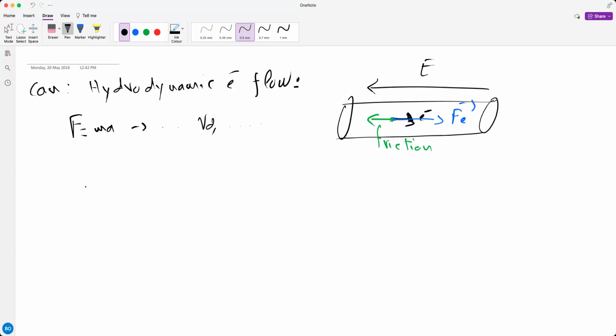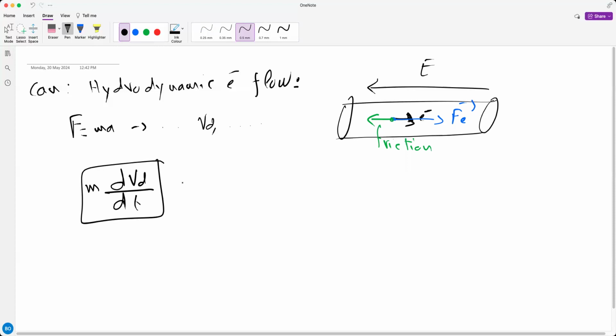So the mass times the drift velocity, this is F equal ma, is equal to the electric force due to the electric field, minus the friction force.